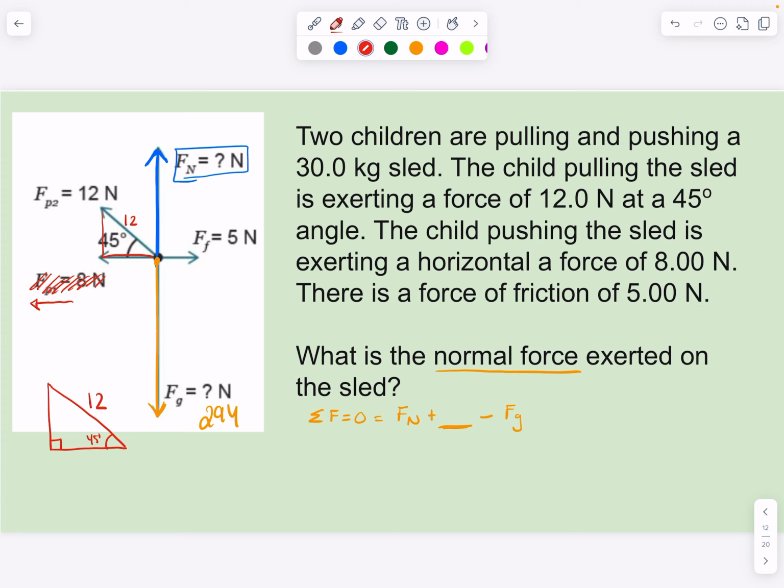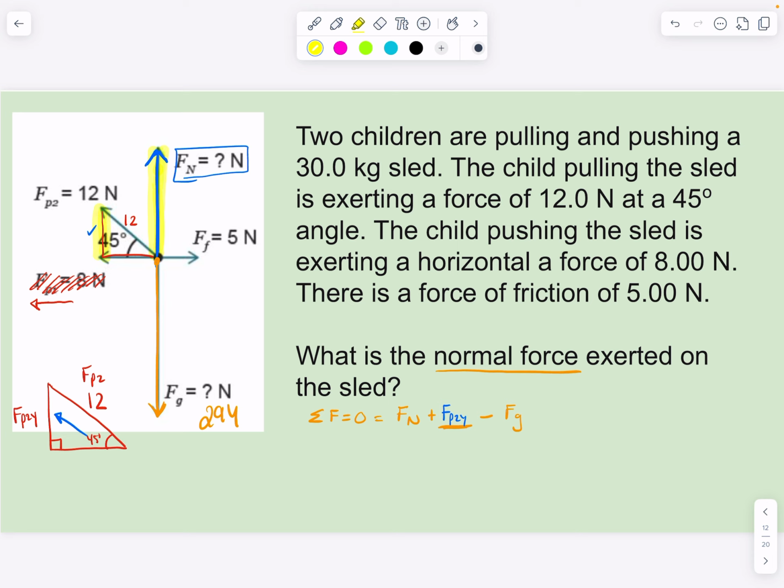My other vertical force, this is my FP2. This line here is my FP2 in the y direction. My FP2 in the y direction can be found by noticing that it is the opposite of the angle. So this value, this line, needs to be included with my equation for the FP2y, because both of these are part of the vertical, going up values.